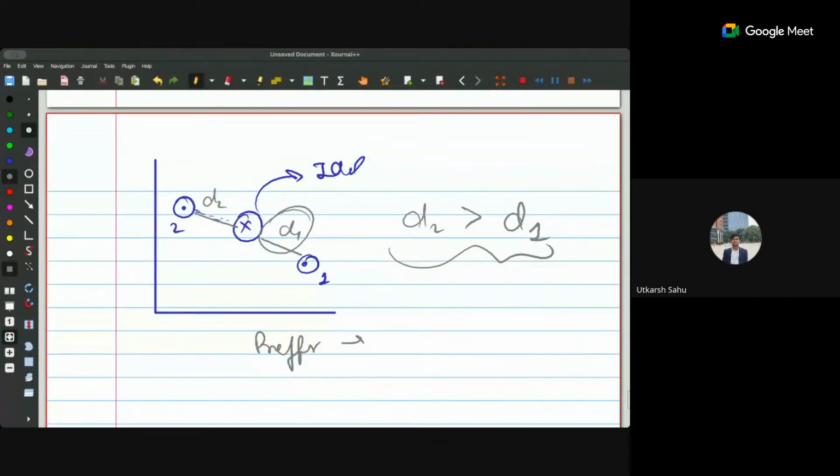Preferred is the distance between that product and the ideal product. The closer it is to the ideal product, the more you will prefer it. So this is what you should remember.